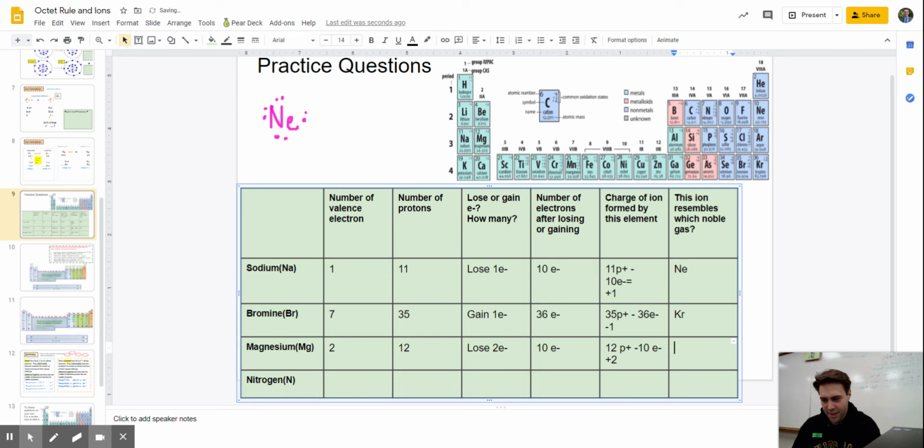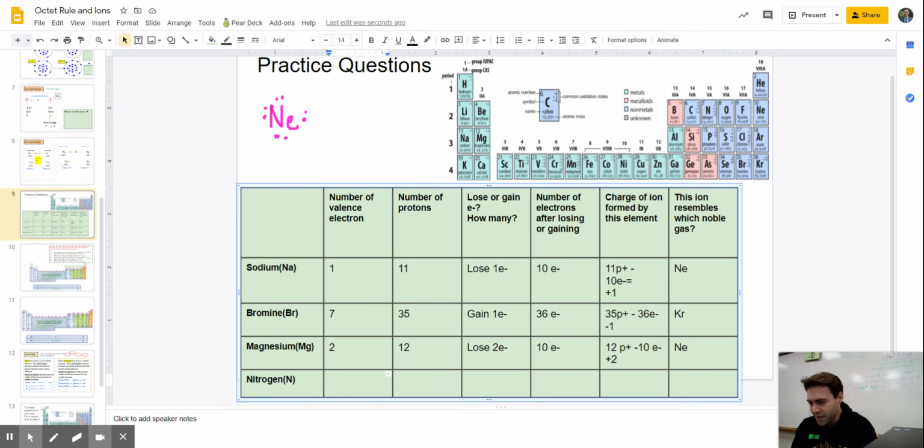Okay, so what does this look like? Which noble gas has 10 electrons? That's neon. Neon has 10 electrons, so it's going to look just like neon. So see how sodium and magnesium, when they're in their ionic forms, when they're ions, when they're charged atoms, they have the same electron configuration as neon.